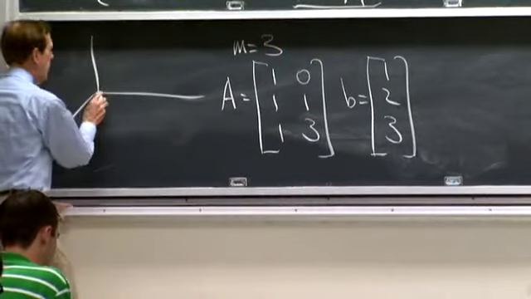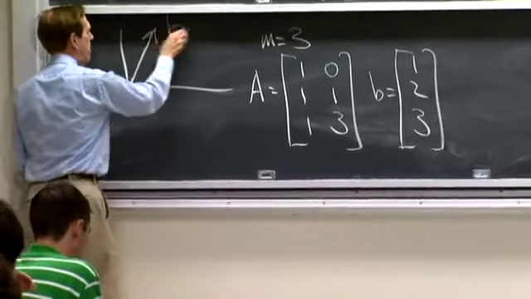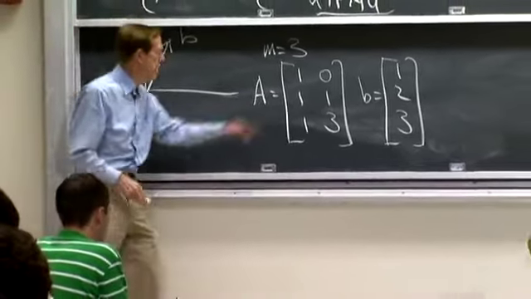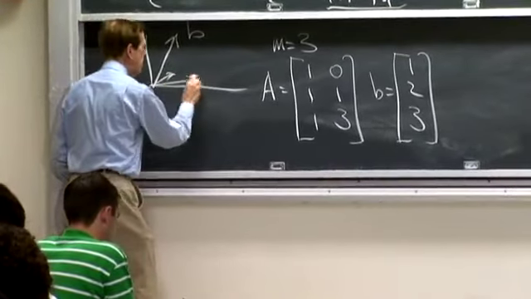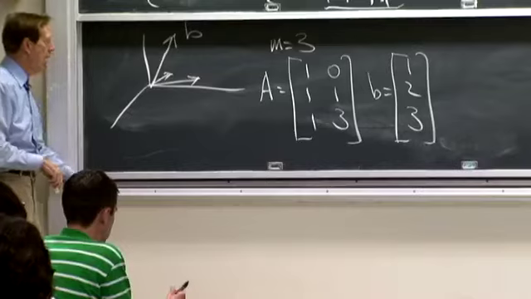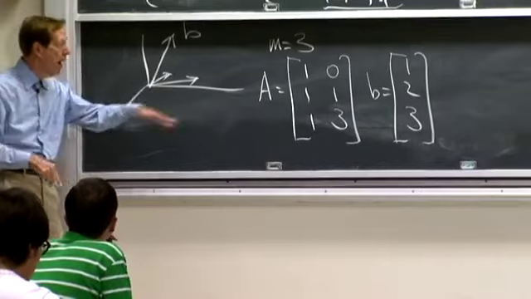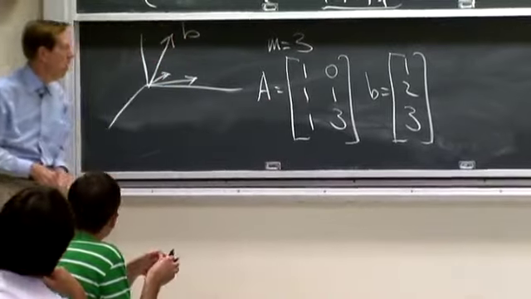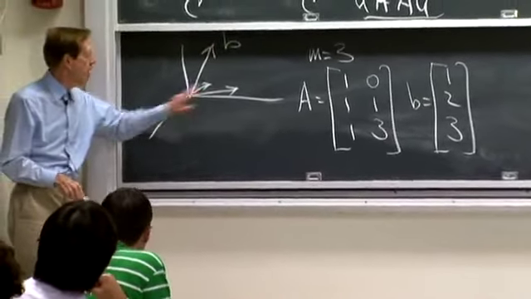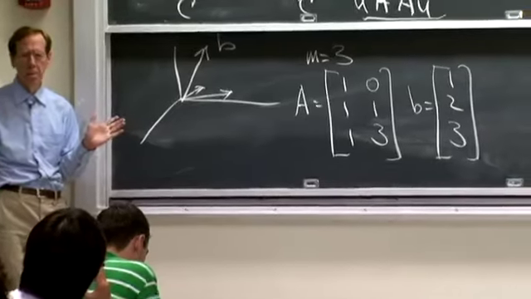Okay. And what was the point? If I draw the vector B, it goes there somewhere, B. If I draw the first column of A, it goes here somewhere. If I draw the second column of A, it goes there somewhere. And if I draw all combinations of these columns, all combinations of that vector and that vector, what do I get?